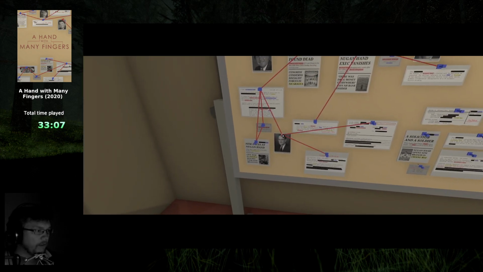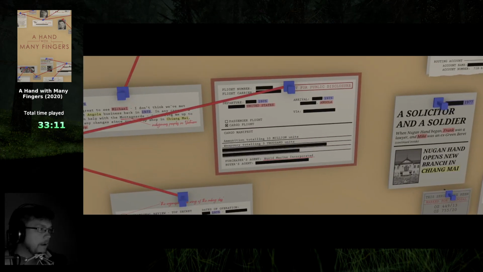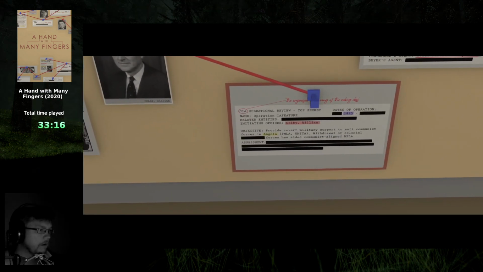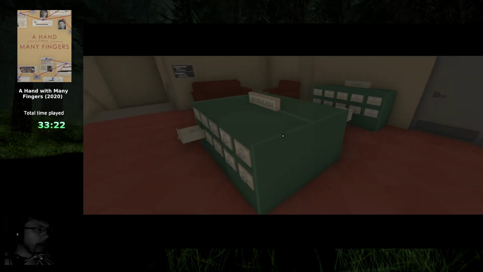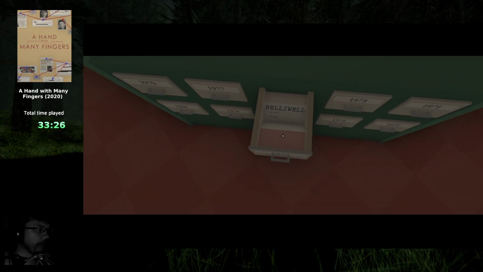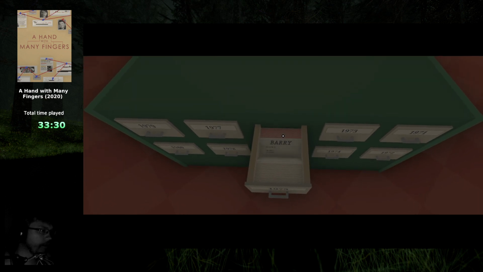This is turning into a mess. 75 United States. Colby. Let's take a look at that. Oh, I have a feeling we've already taken a look at this. There's no note of him.